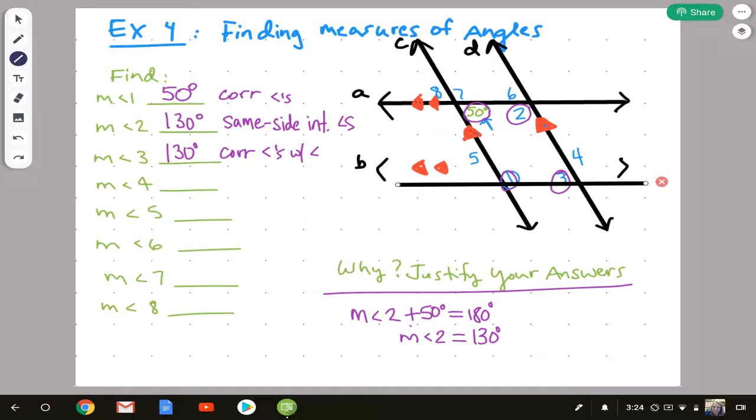Why did that change? Okay. Measure of angle 4. I think I moved my line, didn't I? No. I'm trying to highlight that line, but I can't do it.